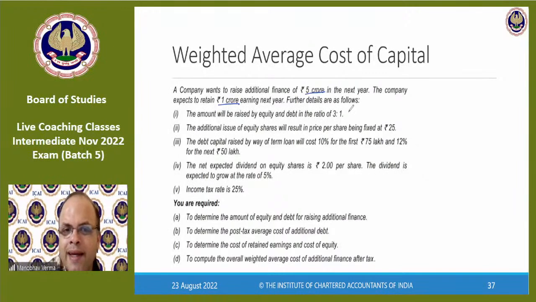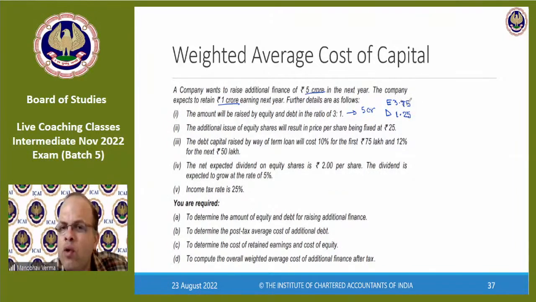So let's do one thing. 3:1 is applied to 5 crore, which gives me equity of 3.75 and debt of 1.25.